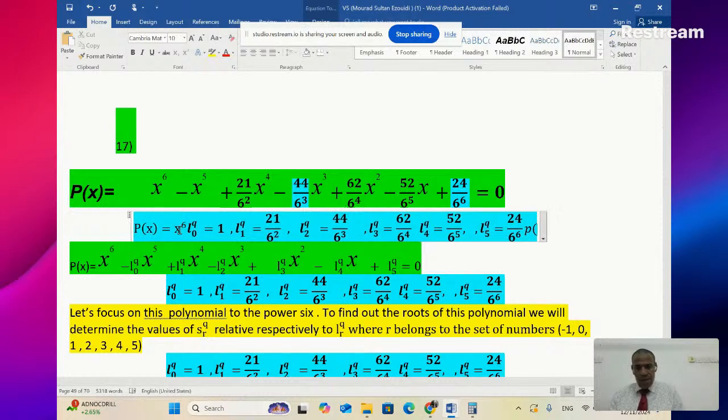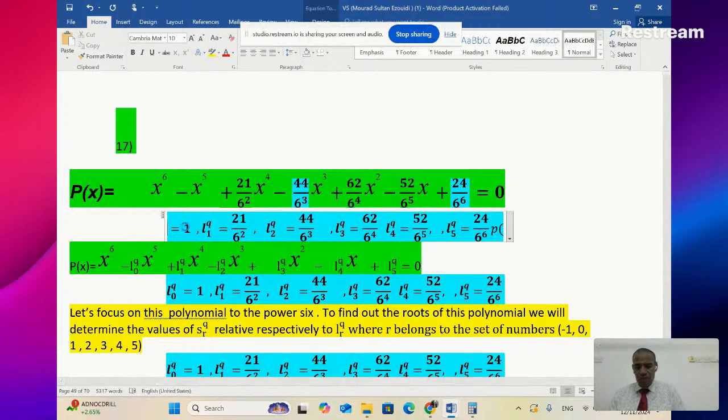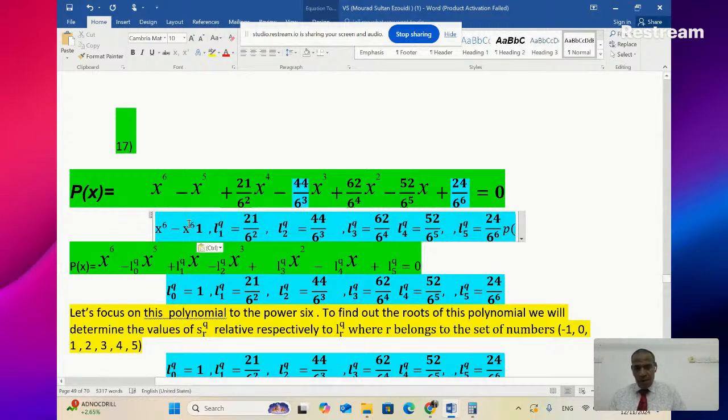Then minus, now take this, minus, I will make 5.